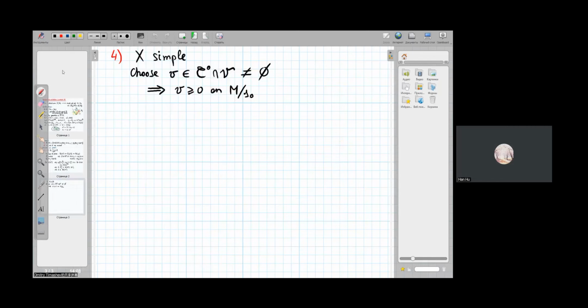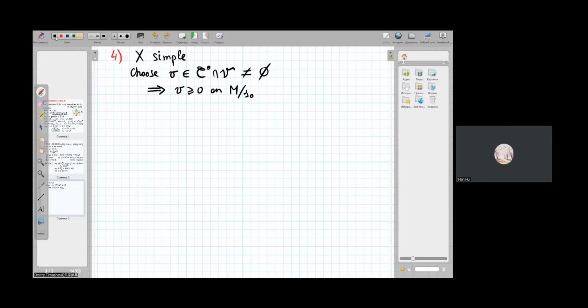So briefly speaking, the argument which I just reproduced is exactly the same as in the proof of step 1 on the previous lecture.